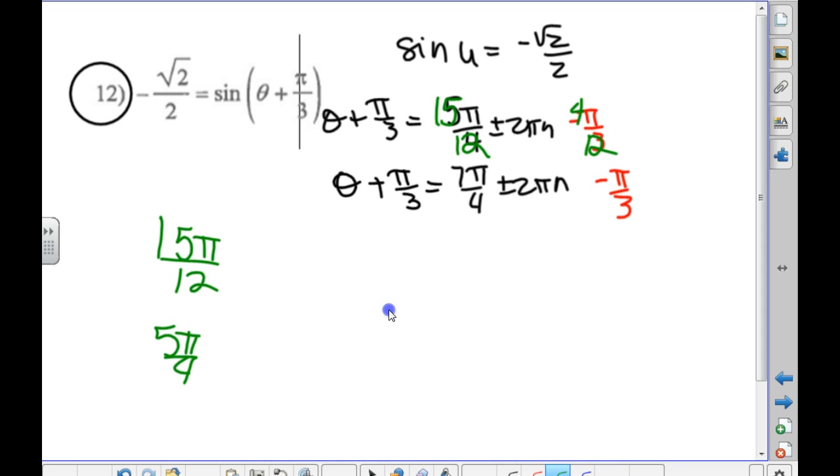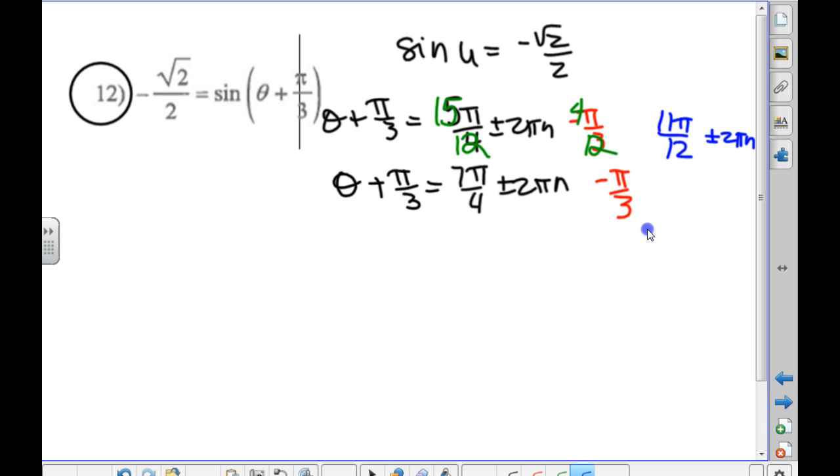I forgot, we have to subtract before we can find any of our answers. 15/12 minus 4/12 is what? 11/12. And we still have a plus or minus 2 pi n. If we add 2 pi to 11/12, which is almost 1, it's not going to work.